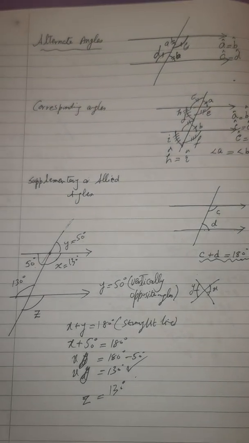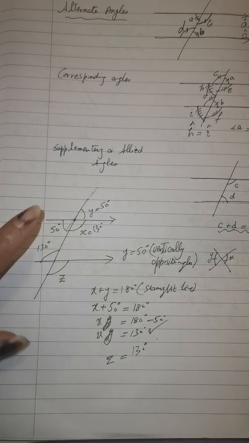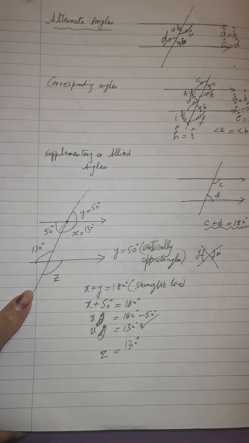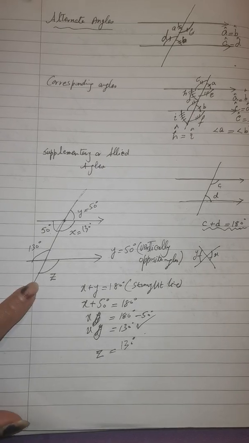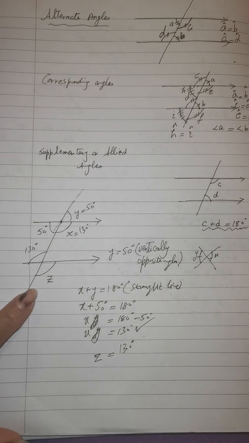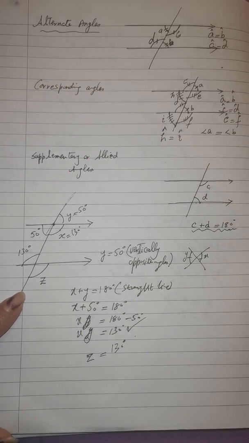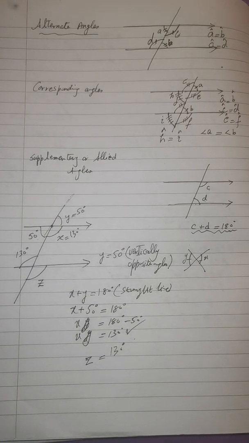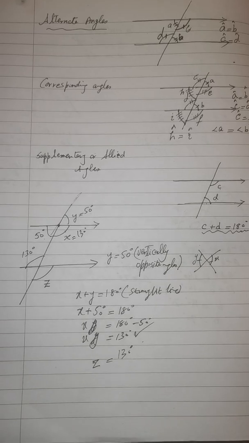So by keeping in mind all these definitions, this type of question will be very easy to solve. And questions will come in this shape, in this form. And if you know these 3, 4, 5 definitions, then the solution will be very easy for you.